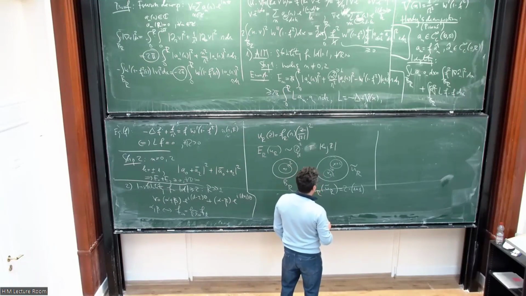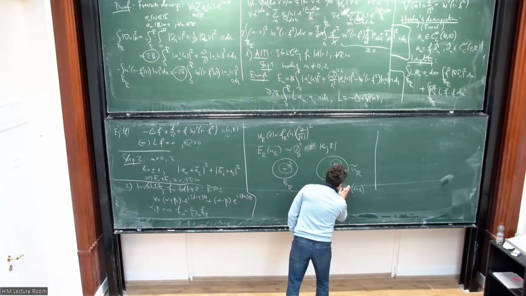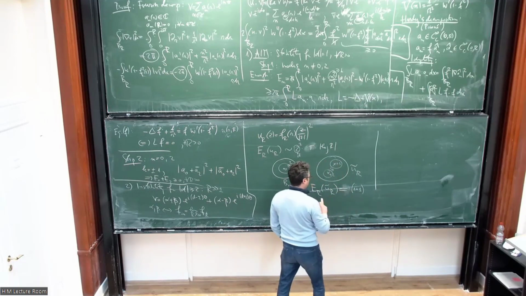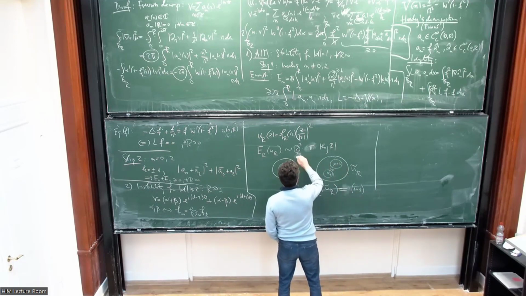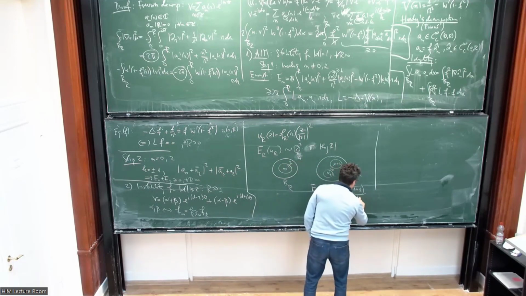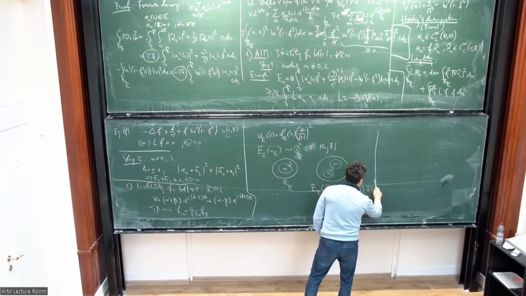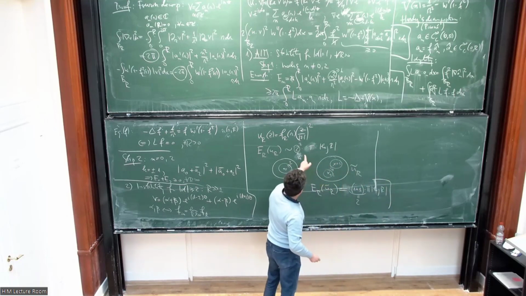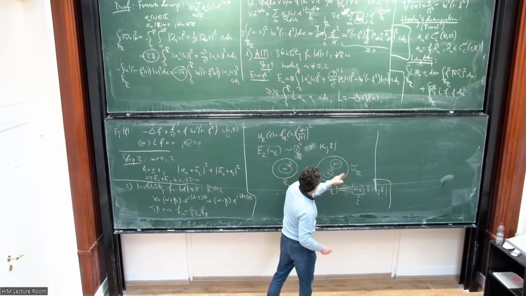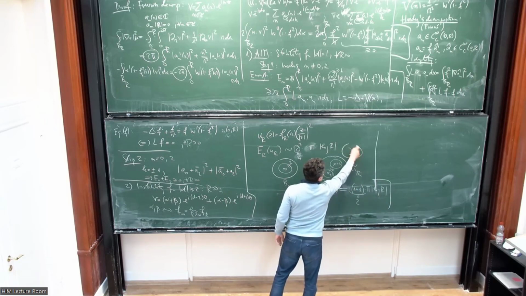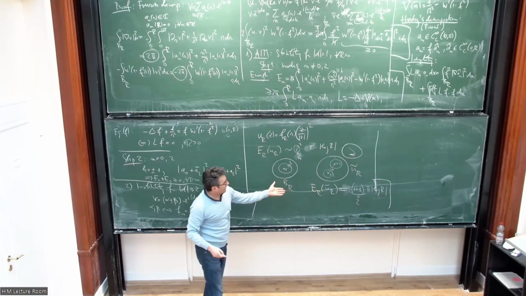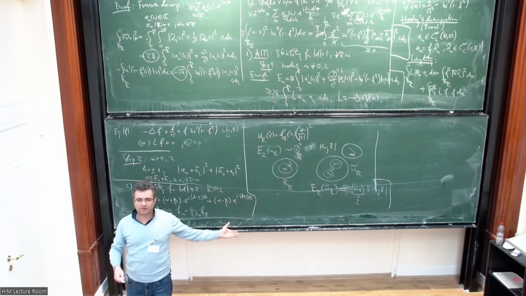So I have to get 2. So this is 4, and this is 2, and then again the quantized one and log R. So this is much larger than that, which means your minimizer should have this splitting.